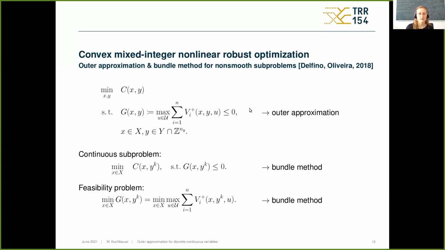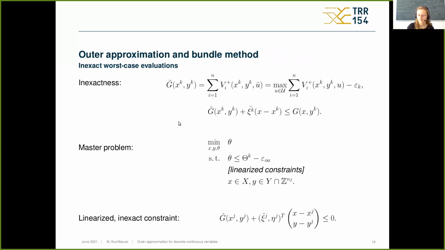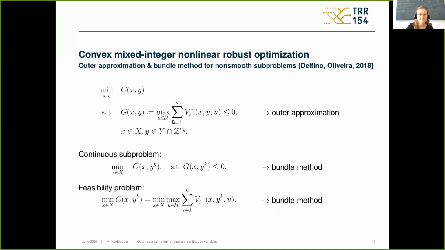So what we consider now is a mixed integer nonlinear robust optimization problem. And now we restrict ourselves, as we are in the context of an outer approximation approach, to the convex case. So we consider this type of problem with a robust constraint here, where we maximize over the uncertainty set.